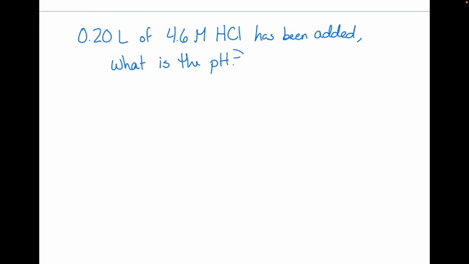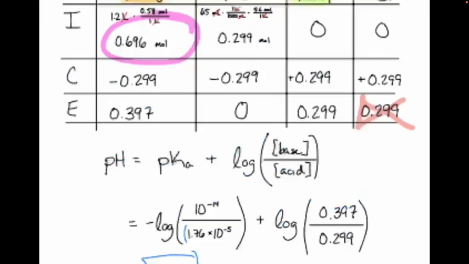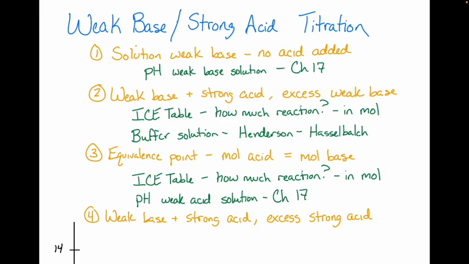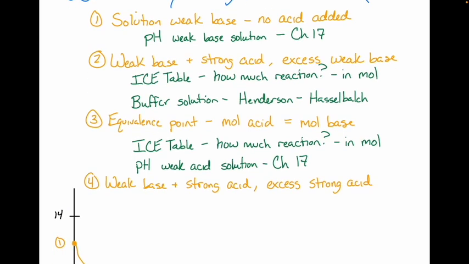What is the pH? Okay, just like for these other points on our titration curve, I have to figure out how much reaction has occurred, because I know I have an excess of strong acid, but how much of an excess, right? What am I left over with here?